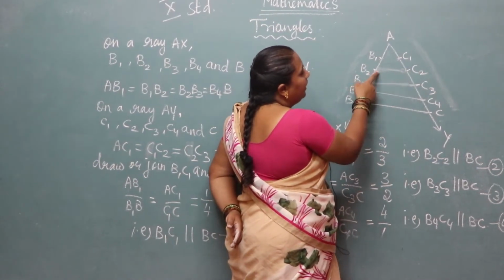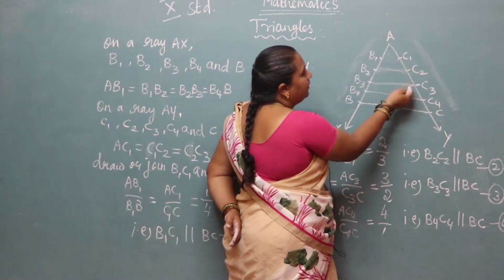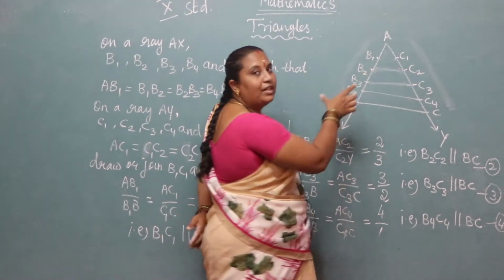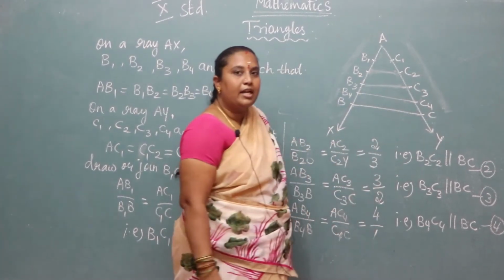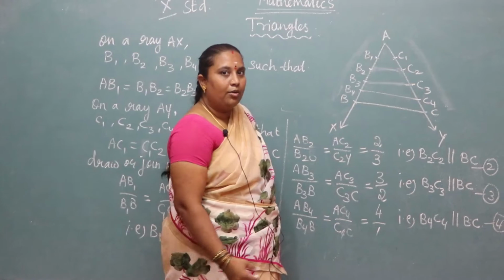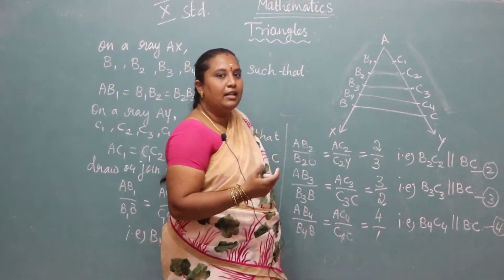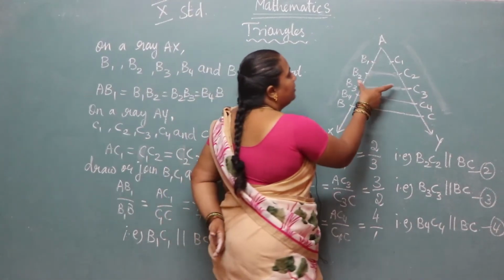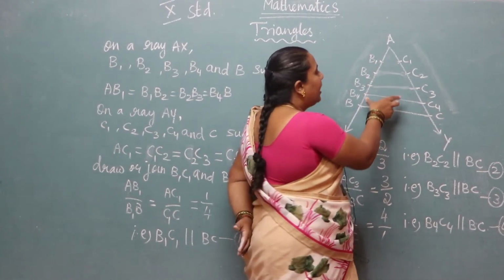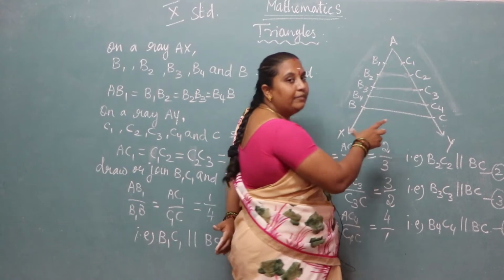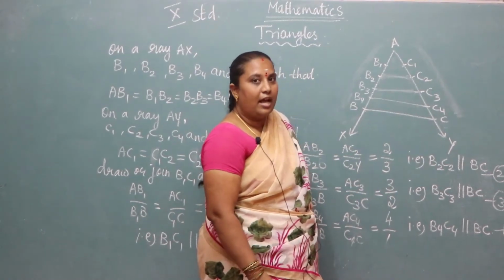So here this line is dividing the opposite sides of the triangle, and that line is parallel to the third side of the triangle.